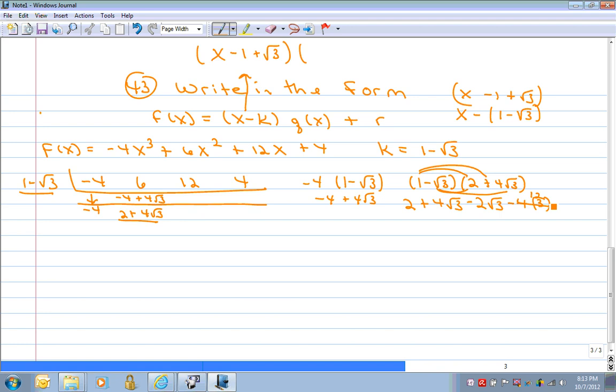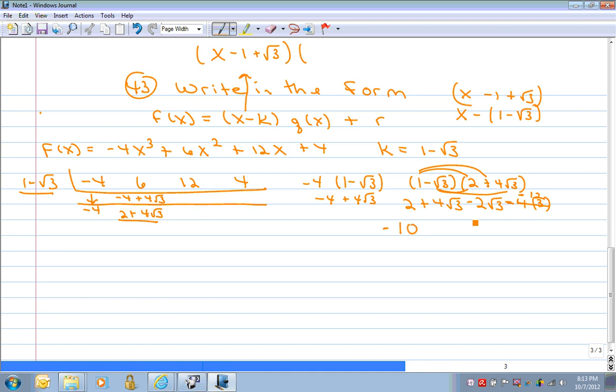Then we're going to combine like terms and put it in a plus bi form. So you don't have any imaginary numbers, but just a complex number. Oh, minus 12, sorry. It's a negative 12. Be really careful. Negative 12 and positive 2 would be a negative 10.